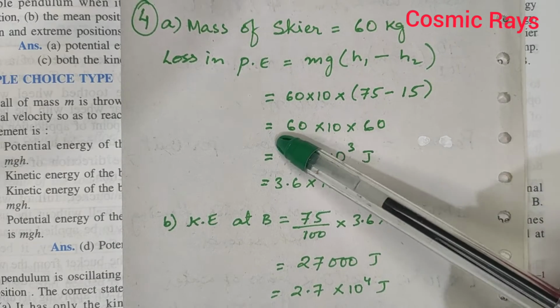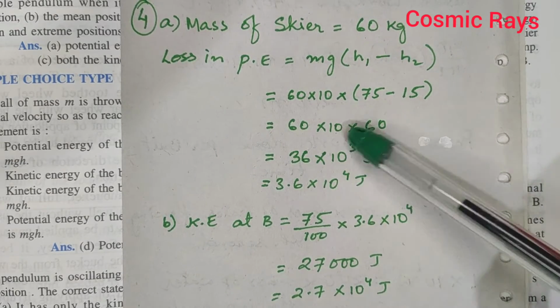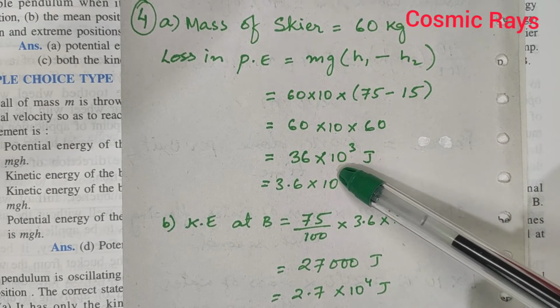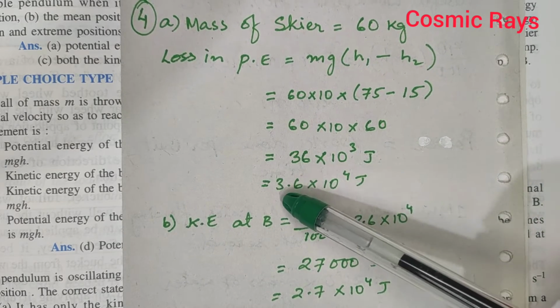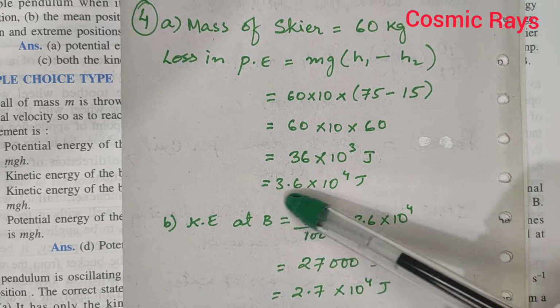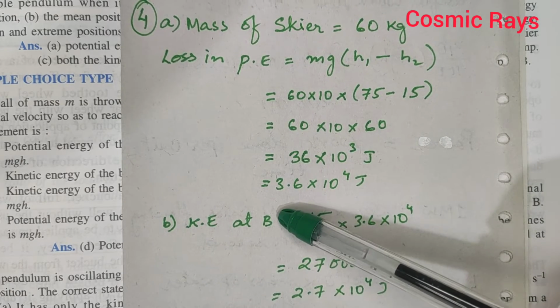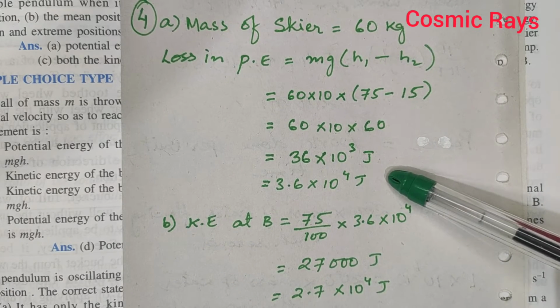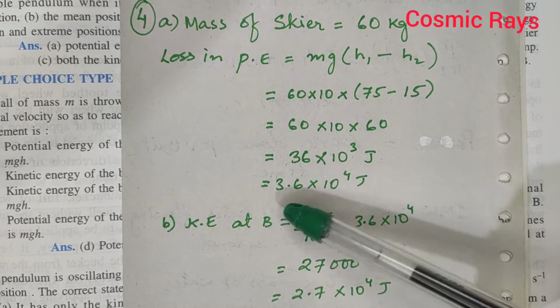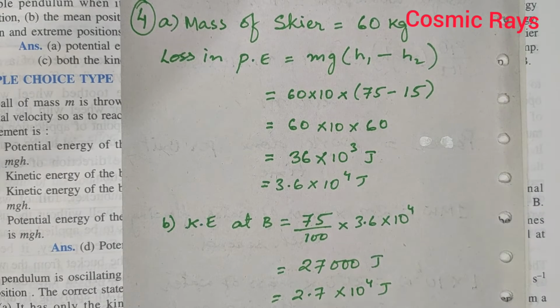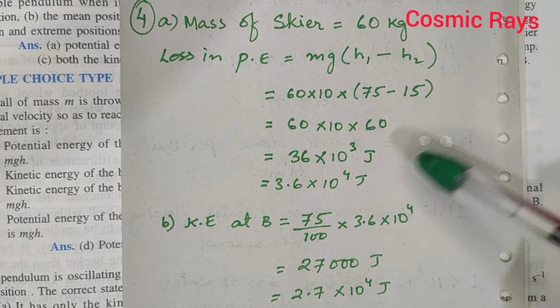So 6 into 6 is 36, and then we have 3 zeros, so we write it as 10 raised to the power 3. Now if we introduce a point in between, that means we are dividing by 10, so we have to multiply as well. So the power 3 becomes power 4, and dividing by 10 makes it 3.6. So 3.6 into 10 raised to the power 4 joules.